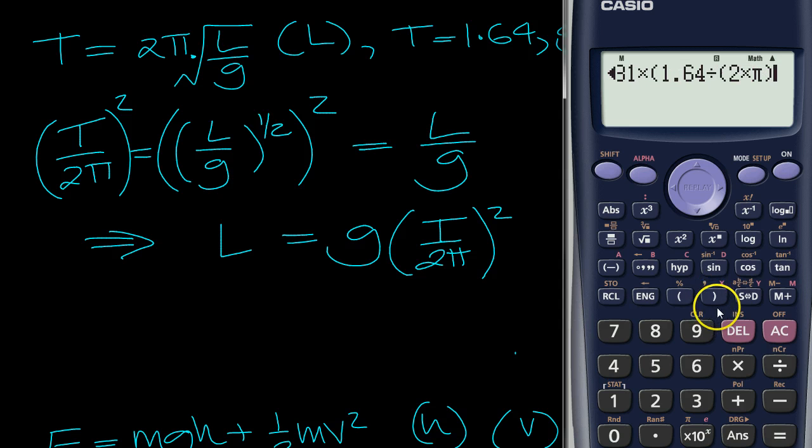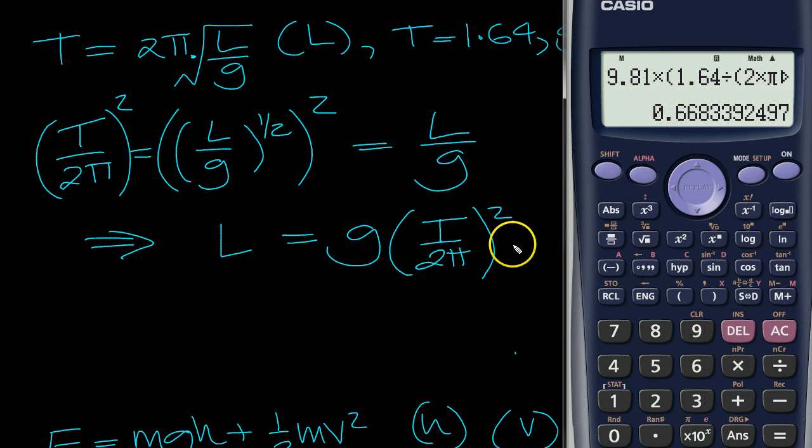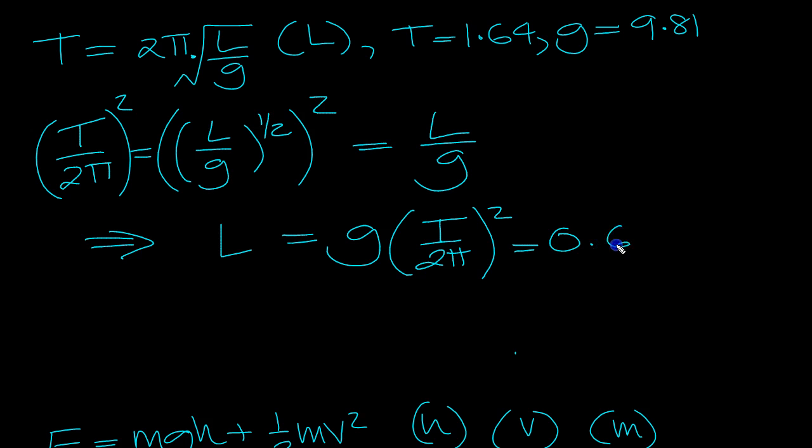Close the 2 times pi bracket, then close the T over 2 pi bracket, and that was squared, wasn't it? Equals 0.67. And that was to 2dp. Okay, that was that one.